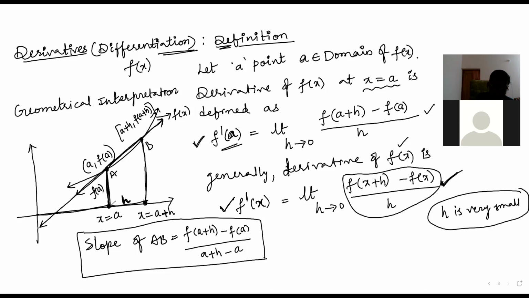As the width becomes very small, what will happen? This B comes here, yes or no? H is small means B will come here, right?